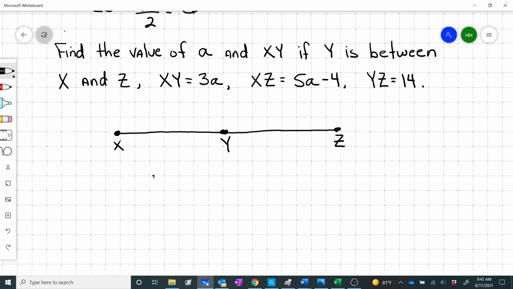And then you take the given information and you fill it in. You're told that X to Y is equal to 3A, so this is 3A. X to Z is 5A minus 4. That's this entire piece. Y to Z piece is 14 right here.